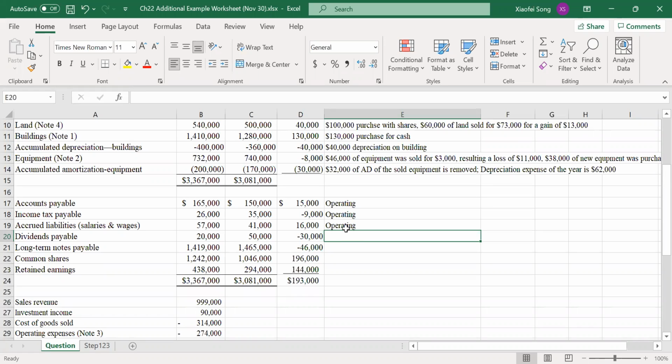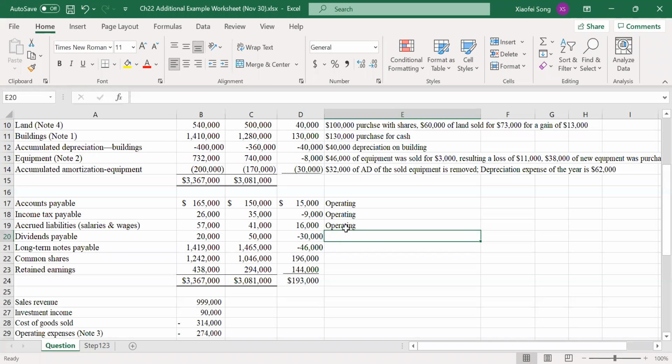If you recall, there is a declaration date, a date of record, and then there is a date of payment. So there's about a month in between, right? A few weeks. And so this one means whatever the dividend declared, they paid $30,000 more dividends.